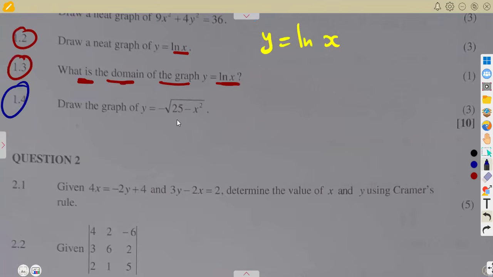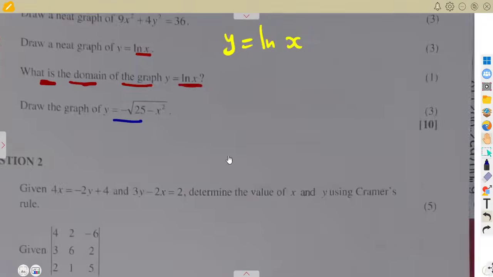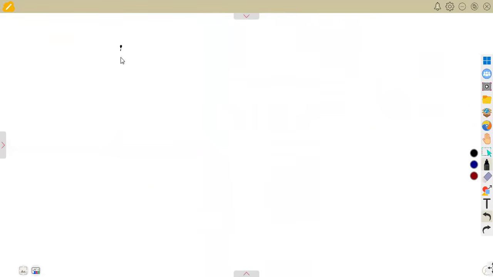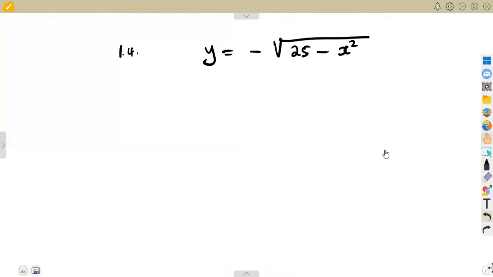Draw the graph of y is equal to minus the square root of 25 minus x squared. What type of a function is this that we are referring to? That is the question. We are given y is equal to minus the square root of 25 minus x squared. Okay.